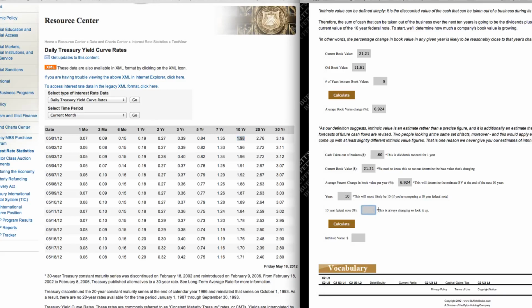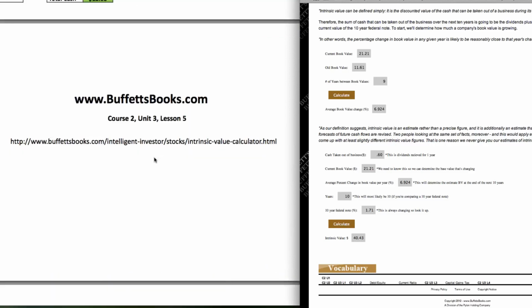So we're going to go ahead and put in 1.71, and hit calculate. And it says that the intrinsic value of Disney based off of those numbers is $40.43.